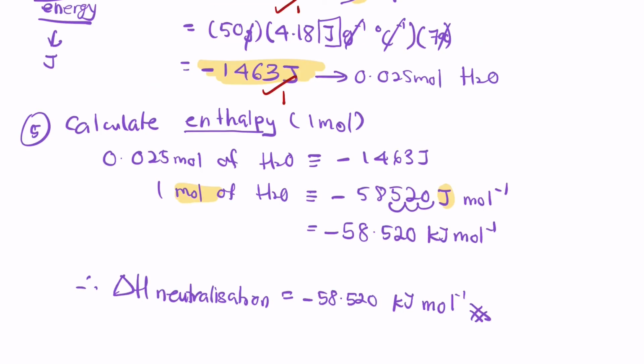Okay, so next you need to convert from joule to kilojoule. So you will get 58.520 kilojoule per mole, and your final answer is negative 58.520 kilojoule per mole. Unit and correct sign are insisted.